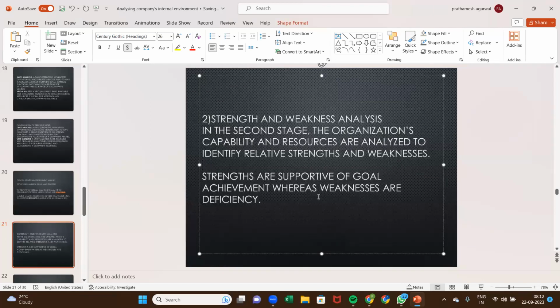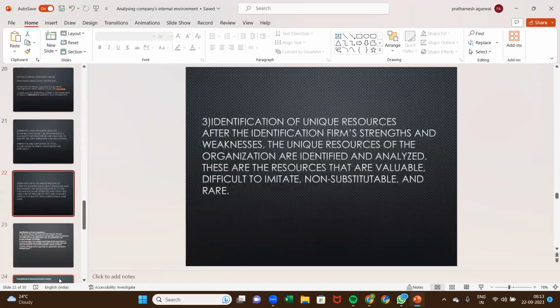Strengths are supportive of goal achievement, whereas weaknesses are deficiencies. Strength will always support the goals. But weaknesses, they are a deficiency, they will try to hamper our goal. So we need to work on the weaknesses. Again, I repeat, strengths and weaknesses constitute the internal environment of the company.